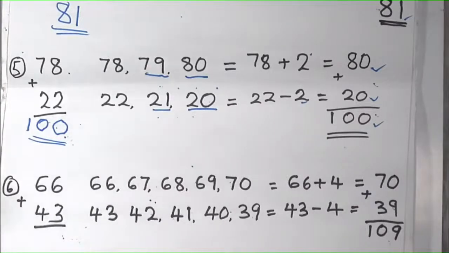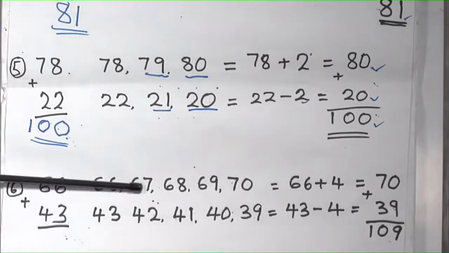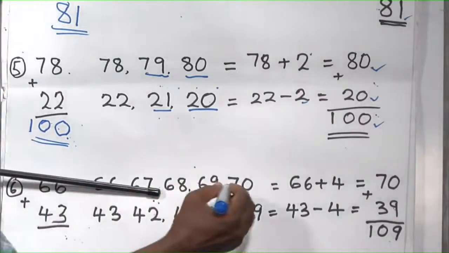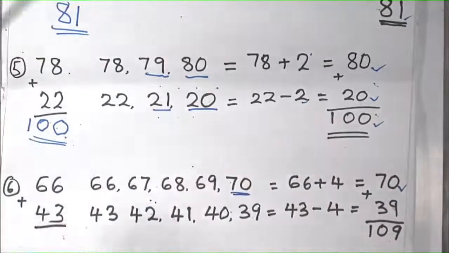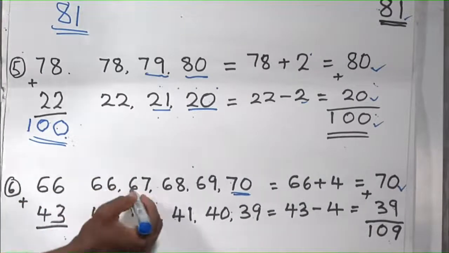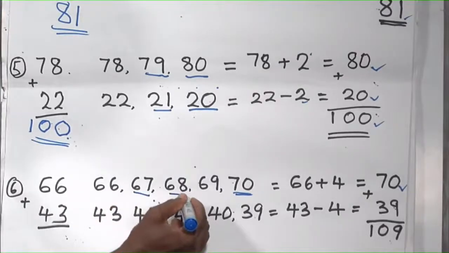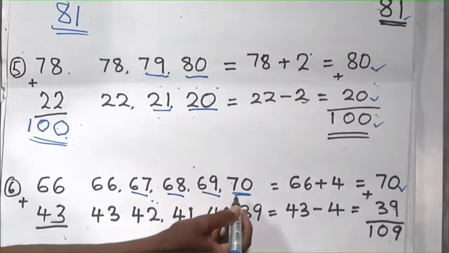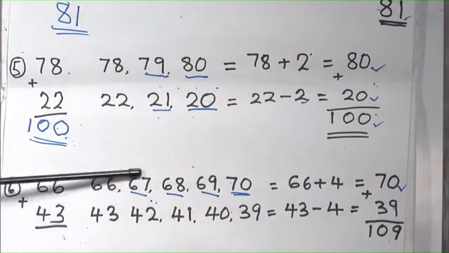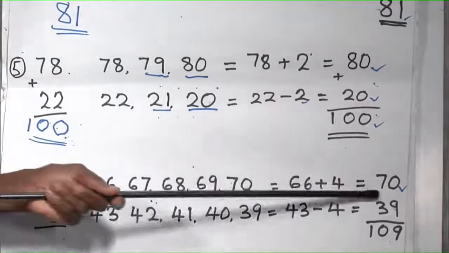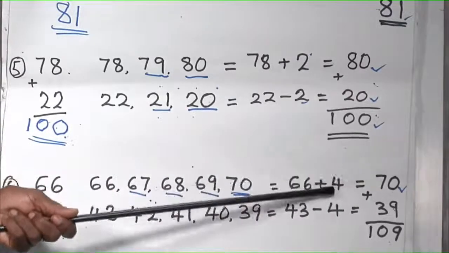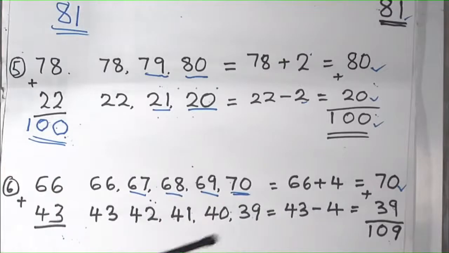So 66, the next number which will end in 0 is 70, which is 66 plus 4. And these are the numbers: 67, 68, 69, 70. How many numbers do we have? 1, 2, 3, 4. So we get 66 plus 4, which will give us 70.